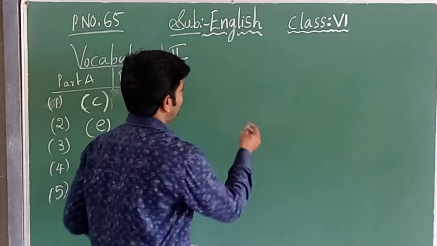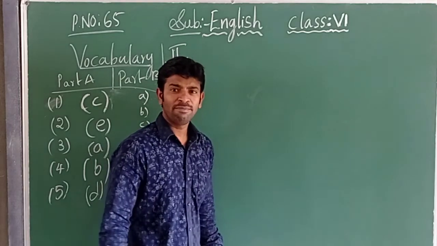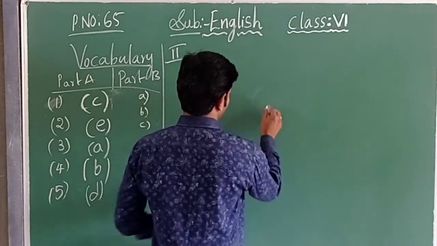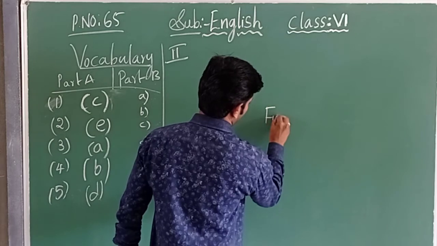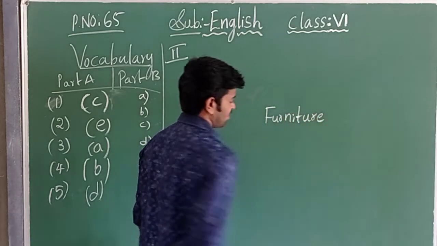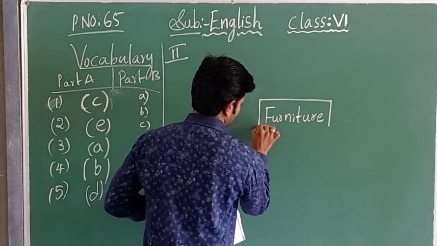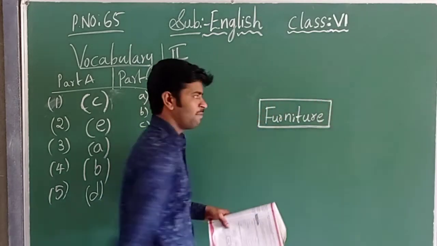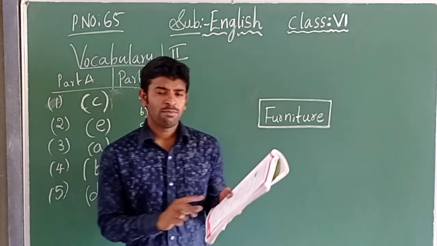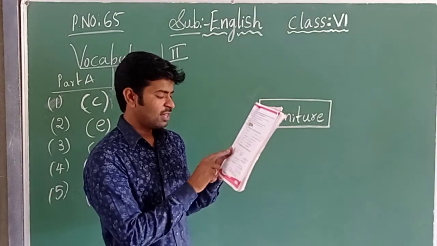So let us see mind mapping. I am showing on the blackboard, children, how the mind mapping is done. Furniture. It is the main concept for making the mind mapping. Furniture. Now how many boxes are there? 1, 2, 3, 4, 5, 6, 7, 8, 9, 10.